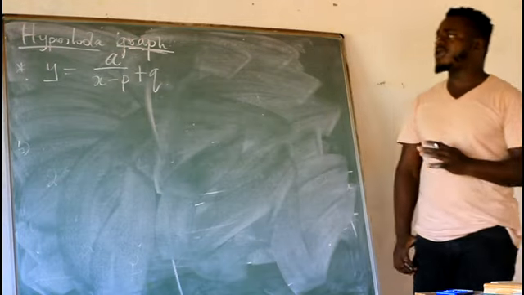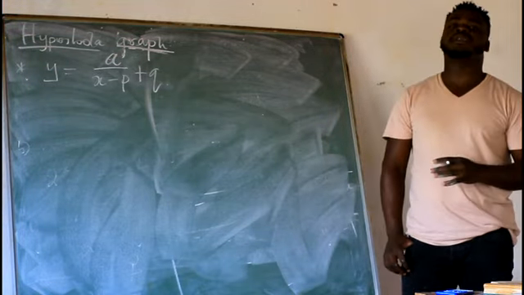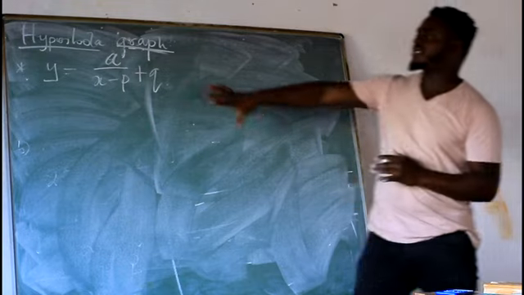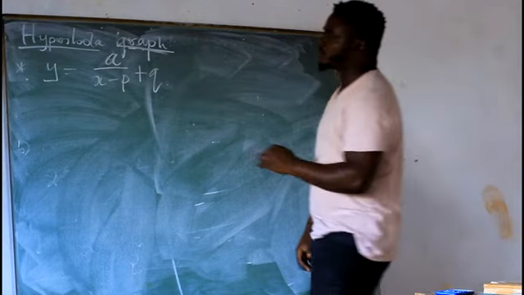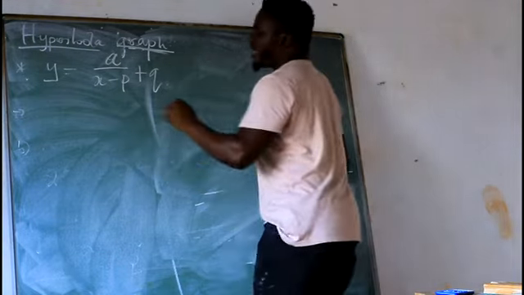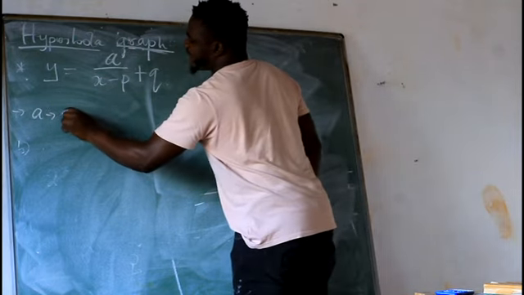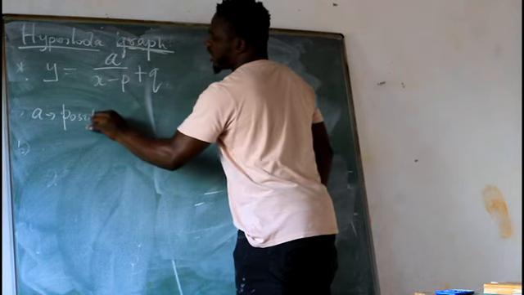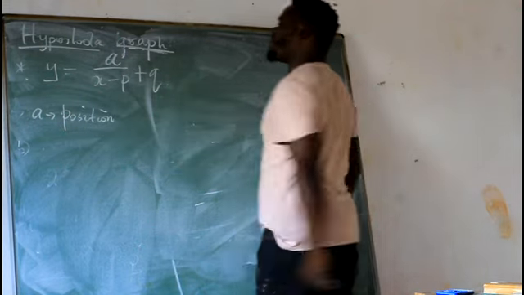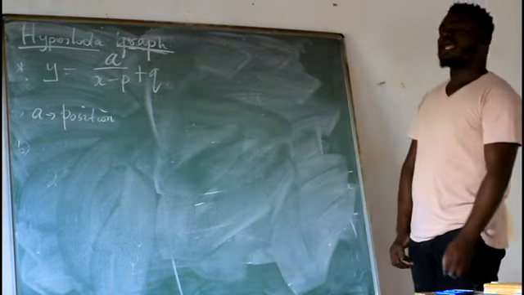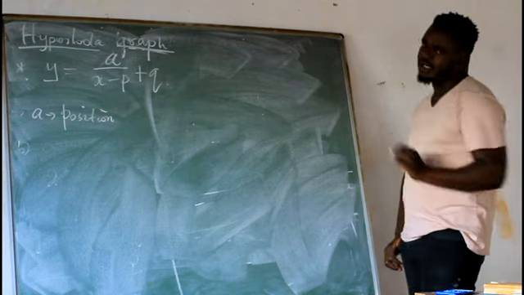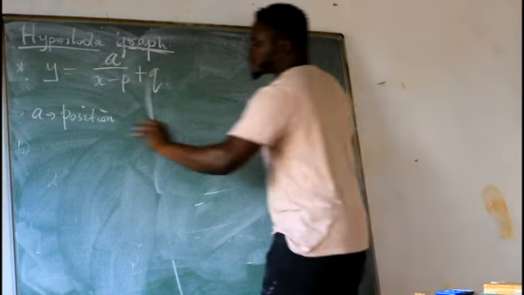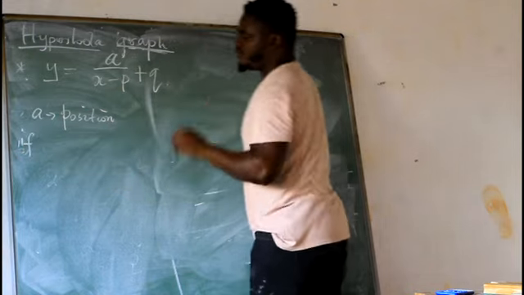Hyperbola graph, y equal to a over x minus p plus q. Now, in this case, a determines the position. In this graph, we only talk about the position of the graph. Now, what do we mean about the position?